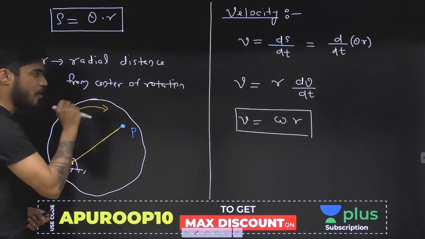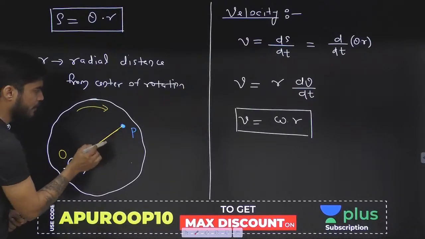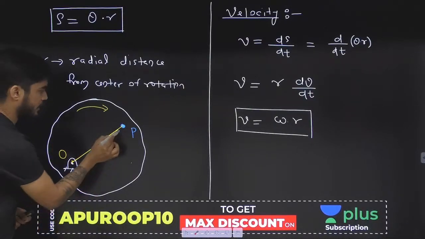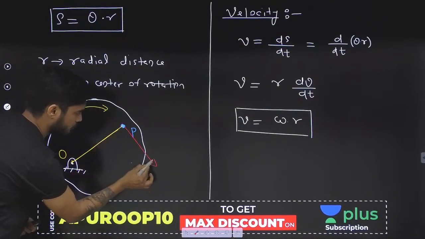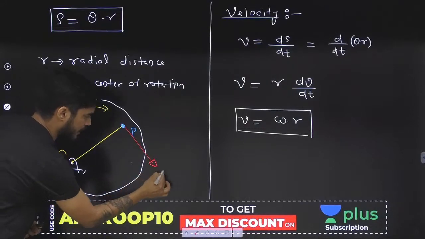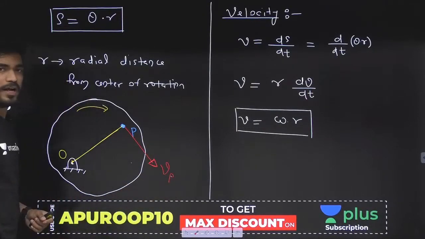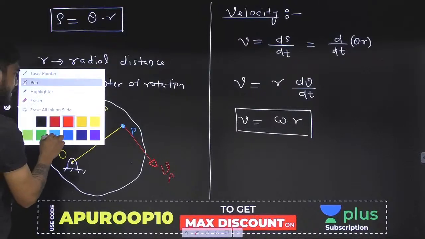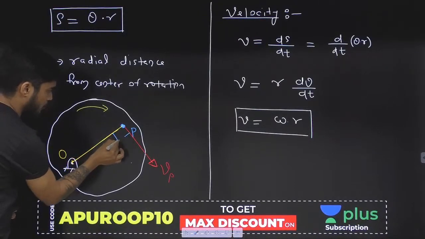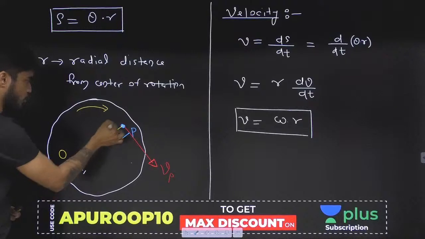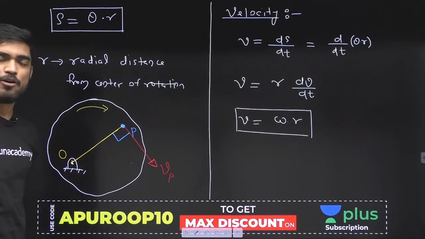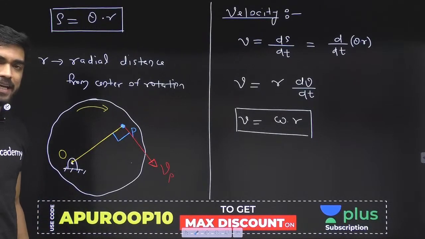Now the velocity at point P will be perpendicular to this line, like this. This is the velocity at point P, and it is perpendicular to this line OP.